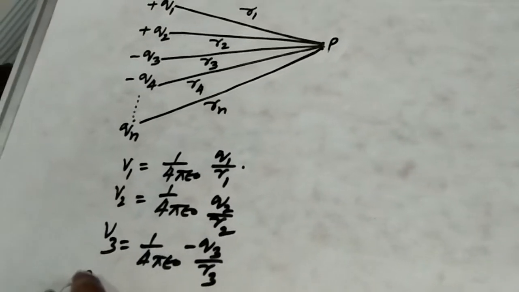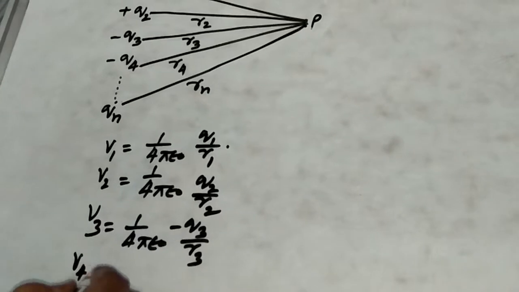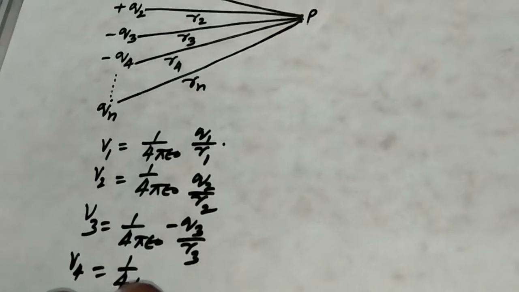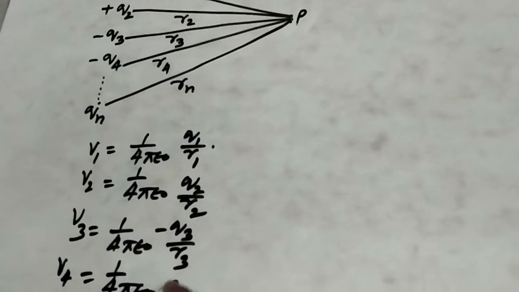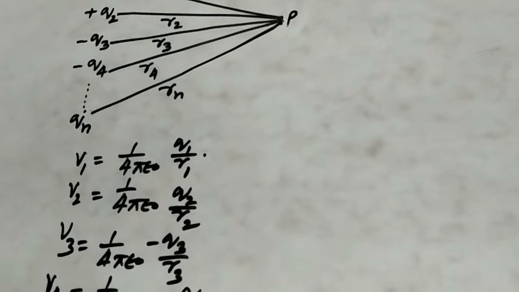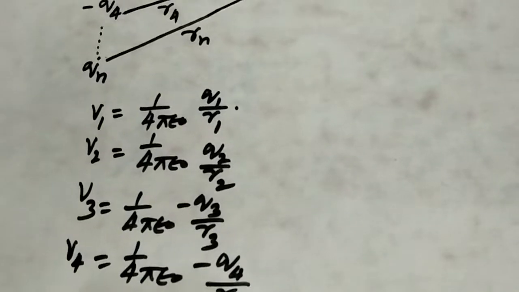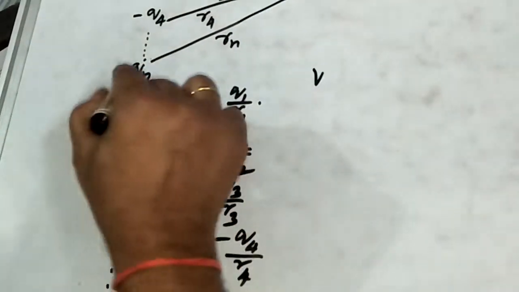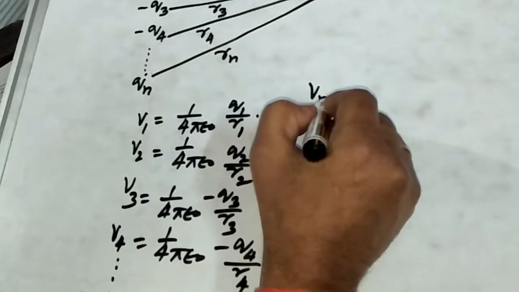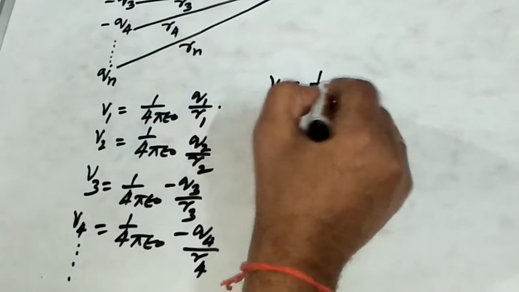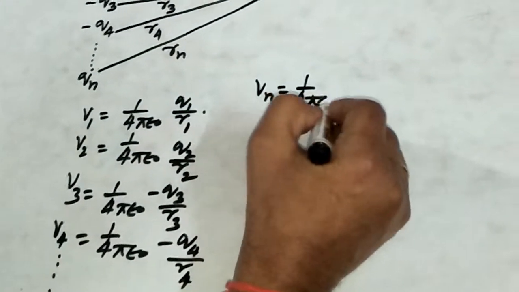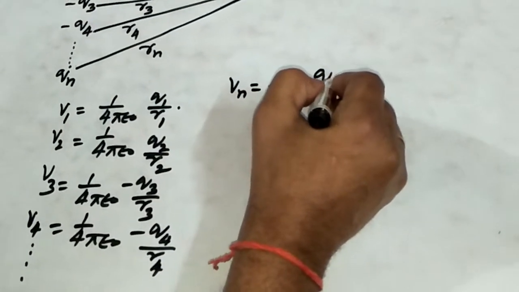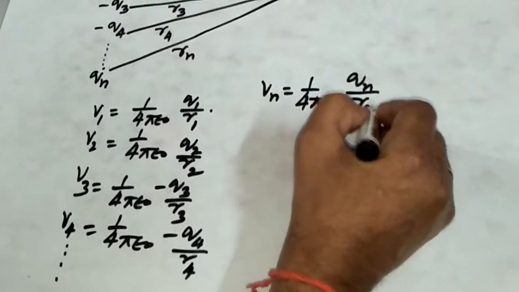And due to Q4, suppose V4 is equal to 1 upon 4 pi epsilon naught minus Q4 upon R4. And in the same way, for the nth charge, we can write Vn is equal to 1 upon 4 pi epsilon naught Qn upon Rn.